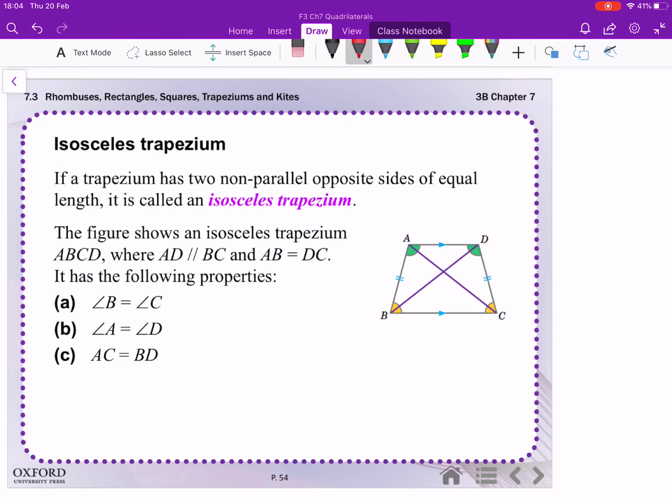Or if the 2 transversals joining the parallel lines have equal length, then we can call it an isosceles trapezium, just like the concept of isosceles triangle. For an isosceles trapezium, we have some more properties. You can see that these 2 angles are the same, and these 2 angles are the same.